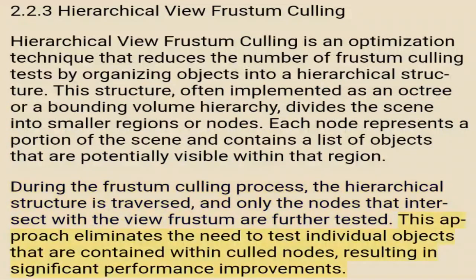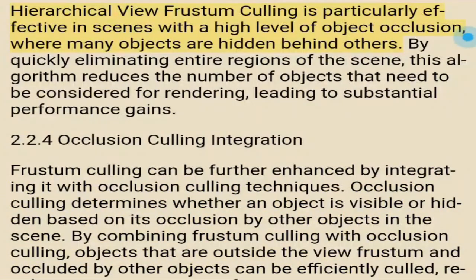This approach eliminates the need to test individual objects that are contained within culled nodes, resulting in significant performance improvements. Hierarchical view frustum culling is particularly effective in scenes with a high level of object occlusion, where many objects are hidden behind others. By quickly eliminating entire regions of the scene, this algorithm reduces the number of objects that need to be considered for rendering, leading to substantial performance gains.